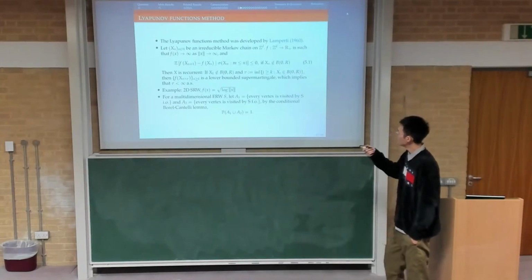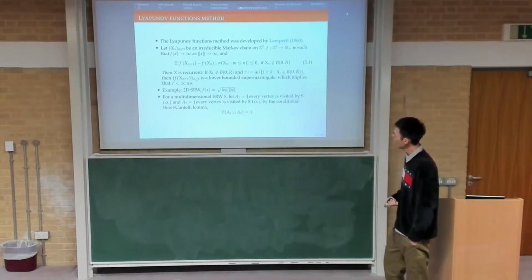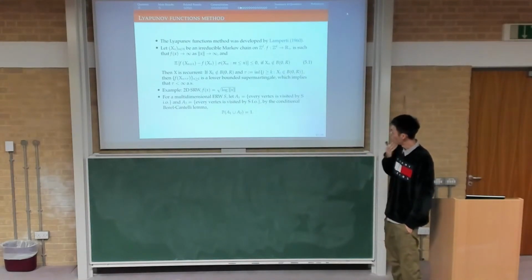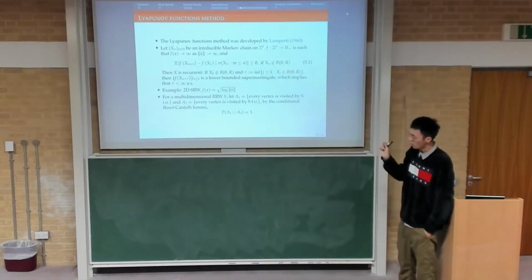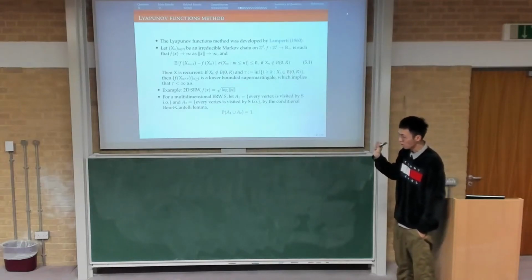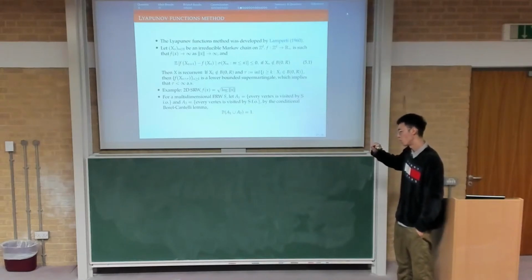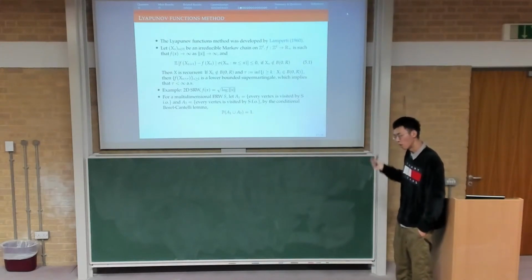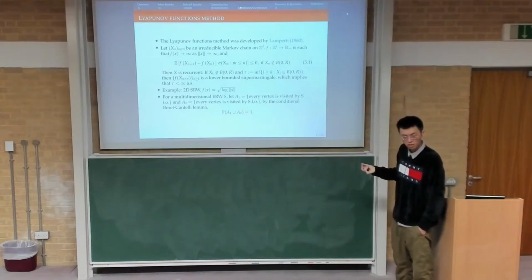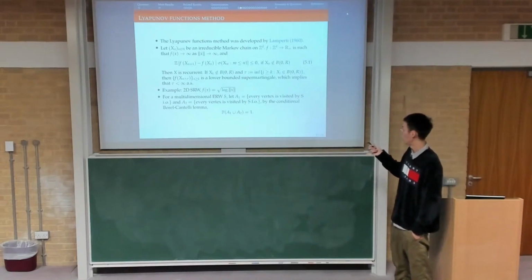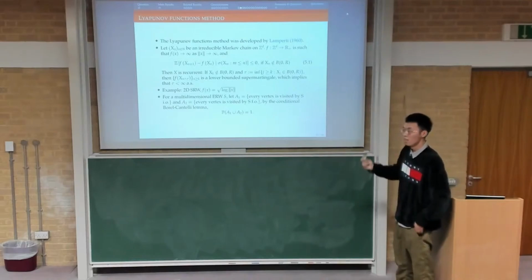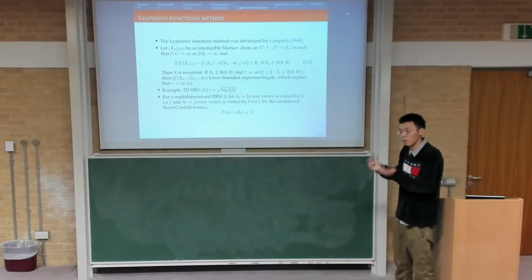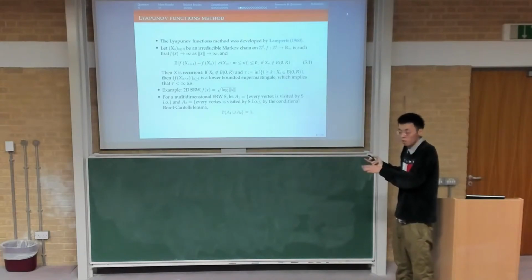In our case, for the elephant random walk, one can show that for any vertex x in this lattice, the probability that the next step goes to one of its neighbors y is lower bounded by some constant. Then you use the conditional Borel–Cantelli lemma to conclude that on the event that x is visited infinitely many times, almost surely any of its neighbors y will also be visited infinitely many times.